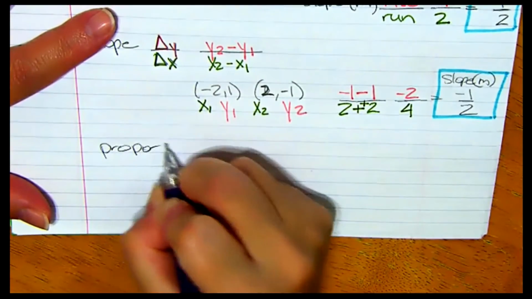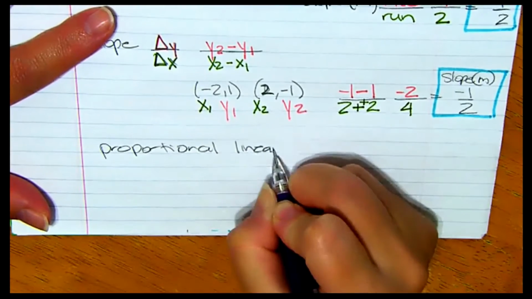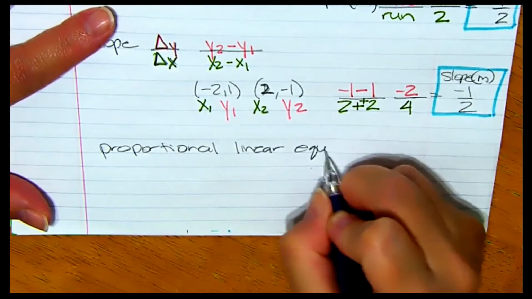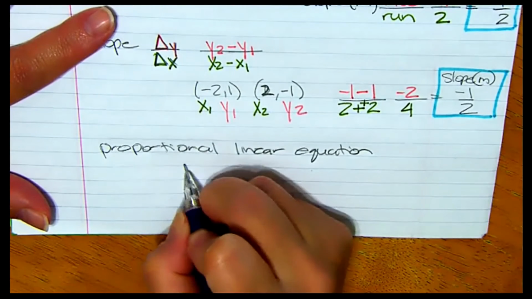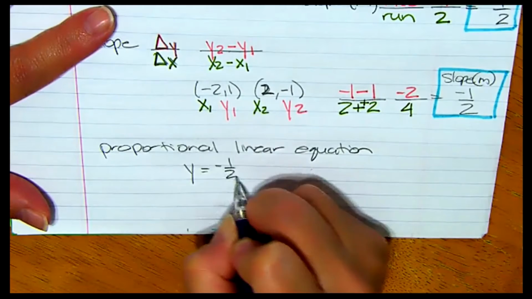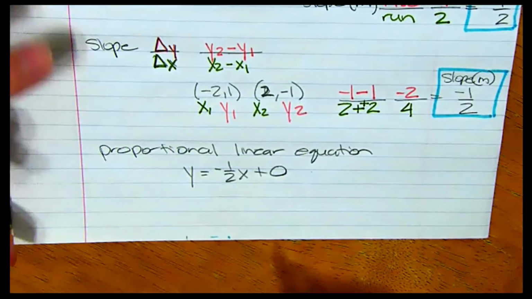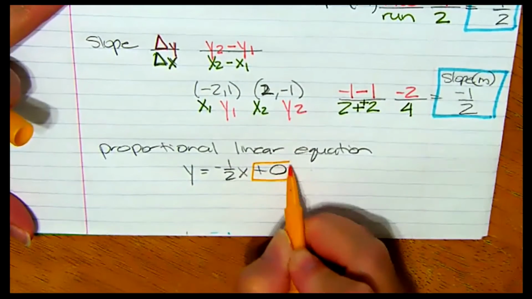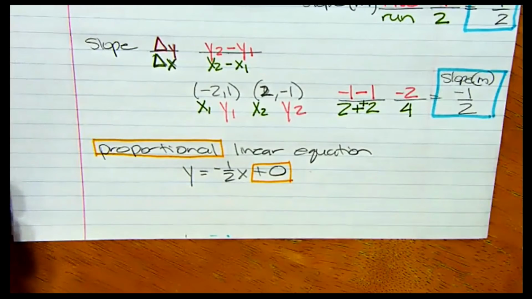A proportional linear equation: y equals negative 1/2 x plus 0. The fact that this is 0 means that it's proportional.